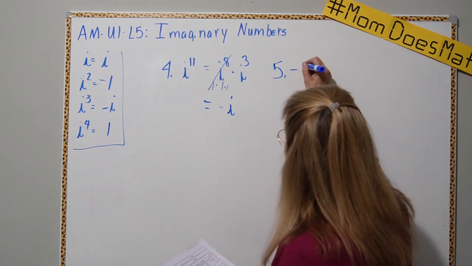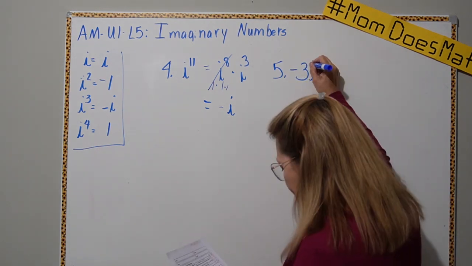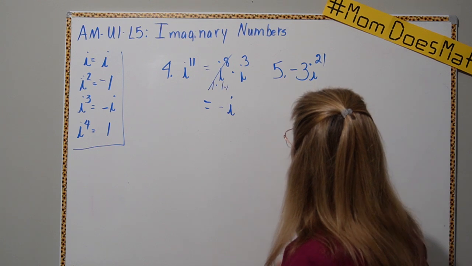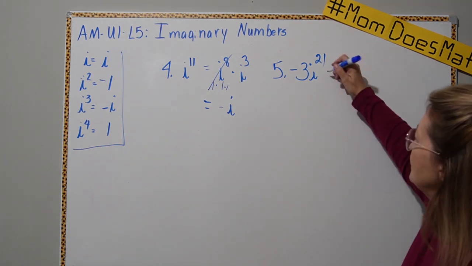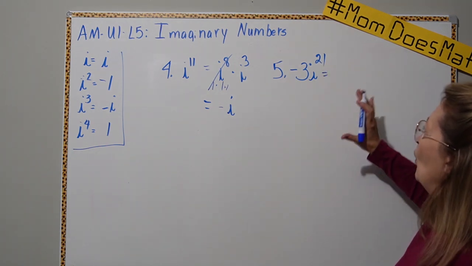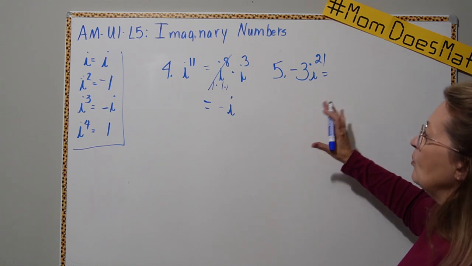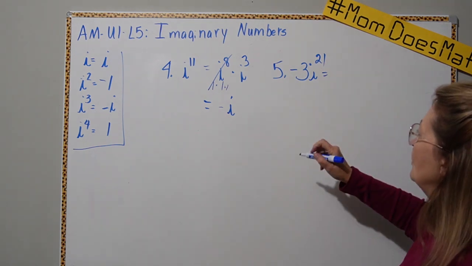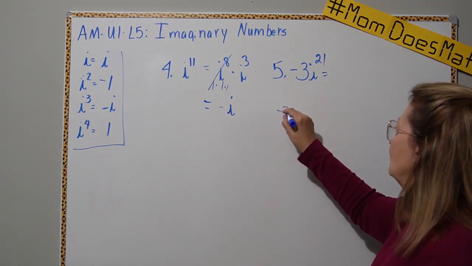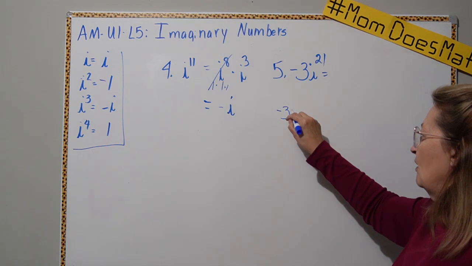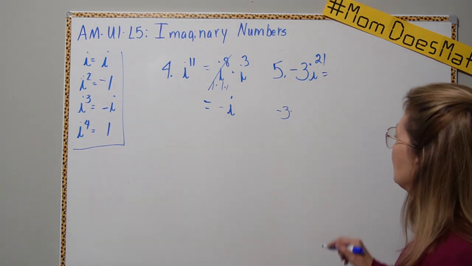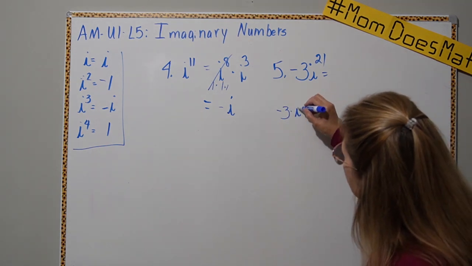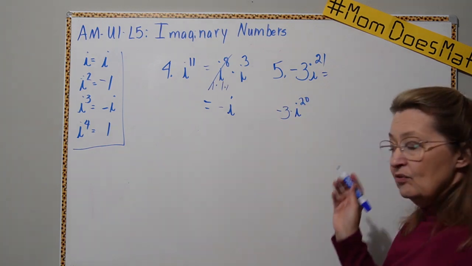Number 5 says -3i to the 21st. And once again, we're going to break this down. What is the largest multiple of 4 that will go into 21? Now I'm just going to have the -3 out here, I'll take care of it later, times i to the 20th, right?